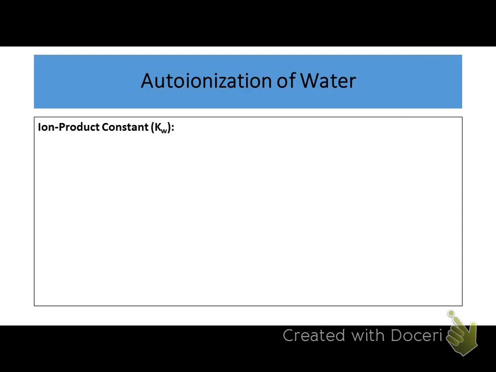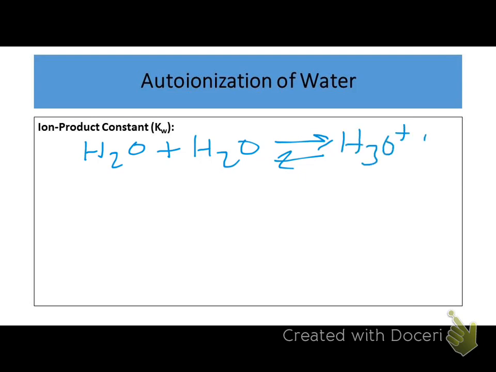Alright, so let's draw this equation one more time, because it's really important. Water plus water reacts, and it's going to form an equilibrium with its conjugate acid and base, the hydronium ion and the hydroxide ion. Now, these ions are going to be aqueous, and the water, of course, is in the liquid state.